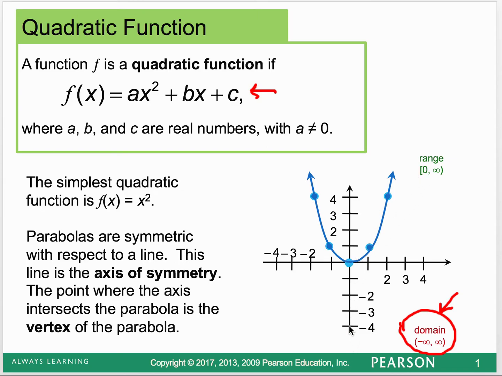So if I'm looking up the y-axis, on this one in particular, I don't hit graph until I get to 0. And then there's graph all the way up till I see arrows going up forever. So 0 to infinity. Okay, so just keep those features of a parabola in mind.